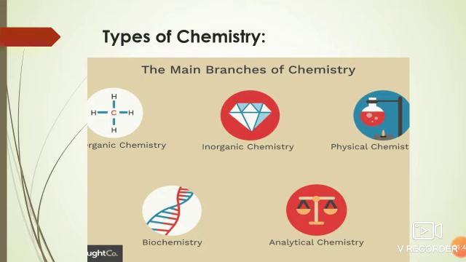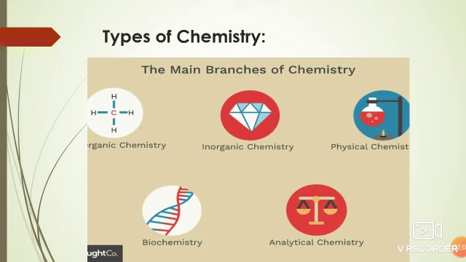So what is organic chemistry? Organic chemistry is the branch of chemistry which deals with carbon compounds. And then inorganic chemistry deals with the synthesis of organometallic compounds. All the synthesis or preparation of organometallic compounds comes under this branch. Next is physical chemistry.